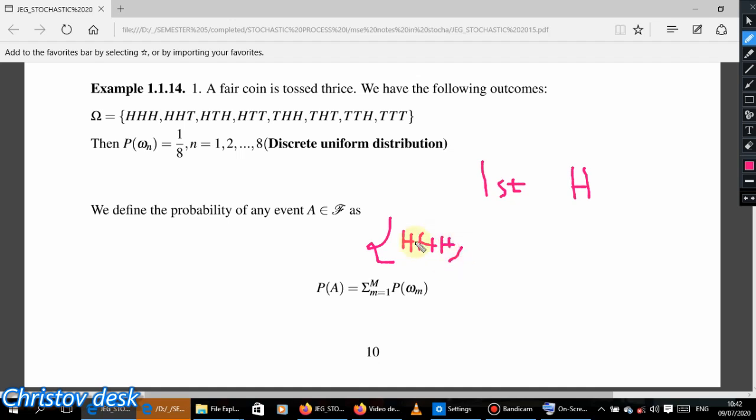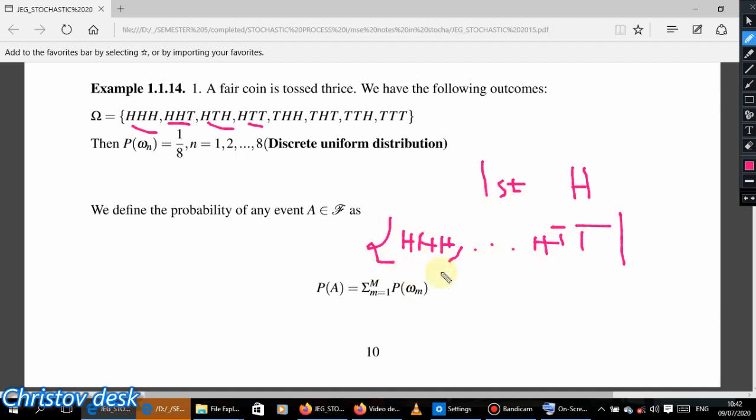Then I'll have this one too, so 1, 2, 3, 4. Then I'll have head, tail. So I'll have head, tail. So this will be my event of interest.